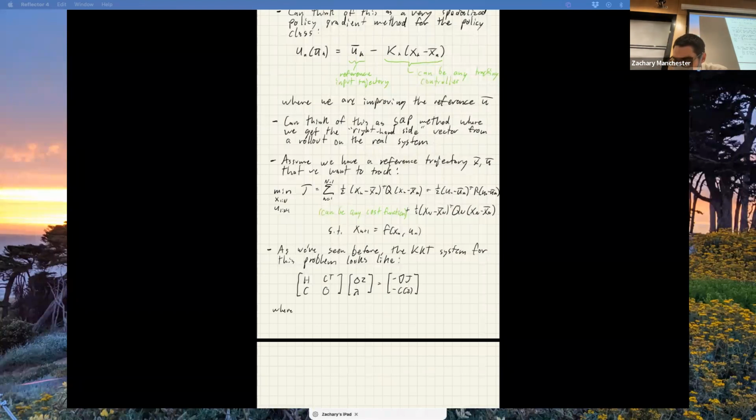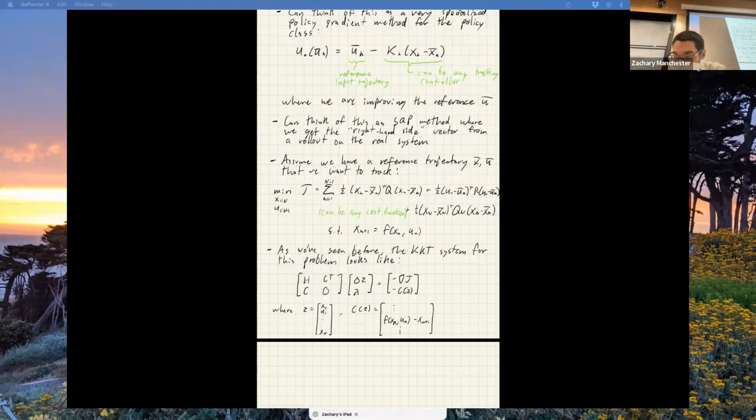Just defining some stuff. So the Z is going to be all of our states and controls stacked up like we did before. The C function is our dynamics constraints. So for most of the stuff we do, it would be something like f of xk, uk minus xk plus 1, the classic direct transcription type of thing.